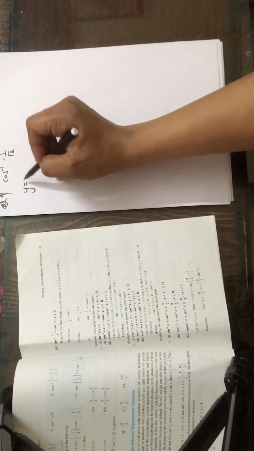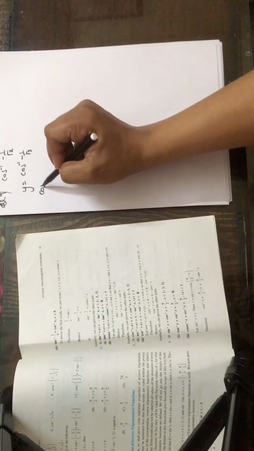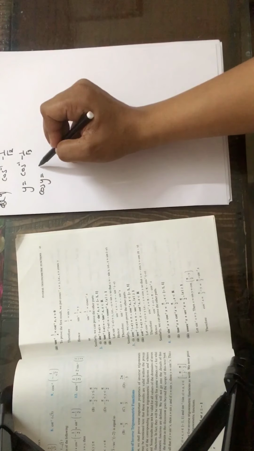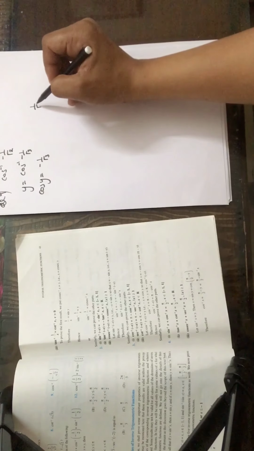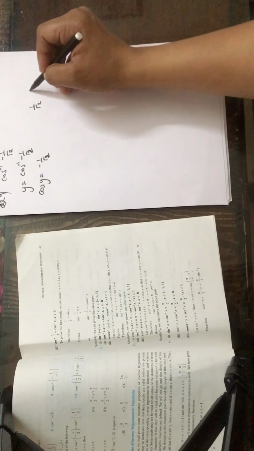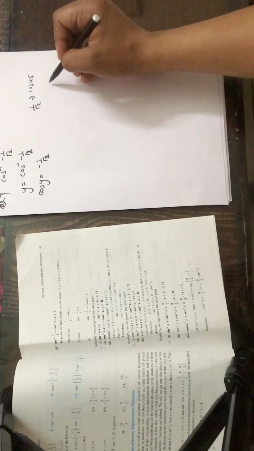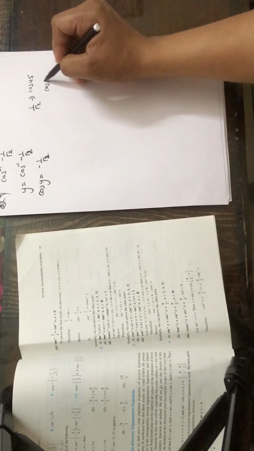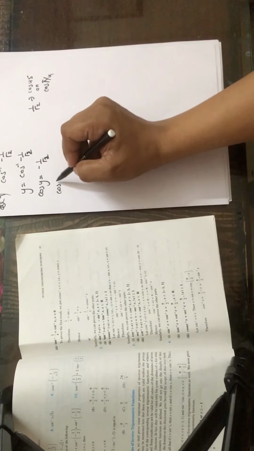Now y will follow the same process, cos inverse negative of 1 upon root 2, cos will come this side, cos y equals minus 1 by root 2. Now 1 by root 2 comes in cos 45, yeah, 45 is pi by 4, or you can say cos pi by 4, you can write. So, we will use a conversion process. Cos y equals, what was the conversion process?